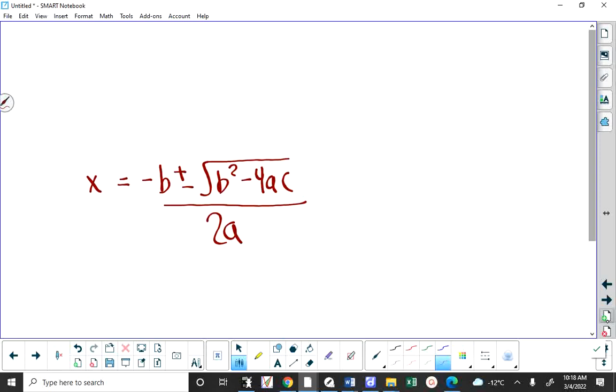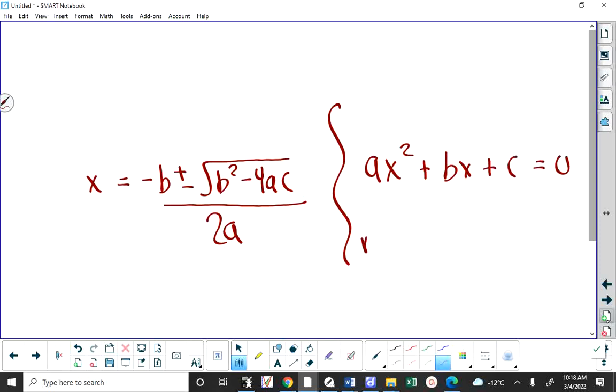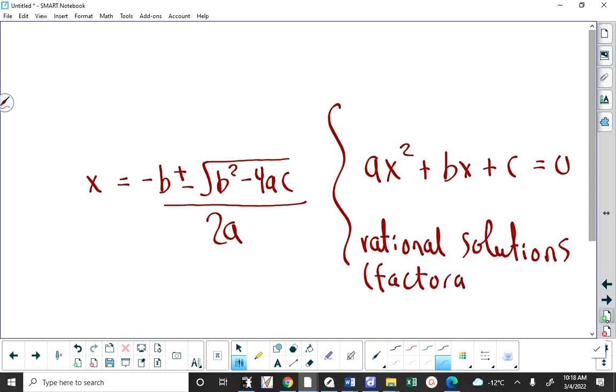This is a really good conversation, I think, that needs to be had. If this has rational solutions, then it's factorable. What do I mean by rational solutions?